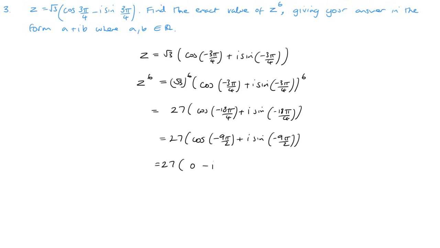So minus i. So the final answer is minus 27i. I'm sorry, I was saying this is the same as 3 over 2 pi, but that's still outside the range. So this is the same as minus a half pi, which is inside the range. But I'm not worried about doing that here, just putting this in my calculator and getting the values out. And that's it. Right, let's move on to number 4.